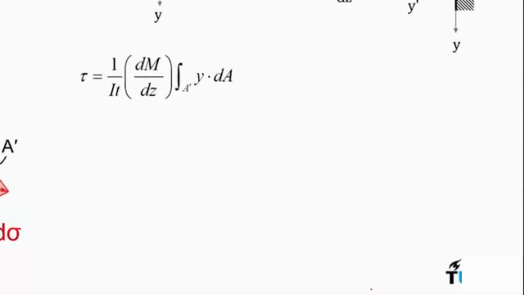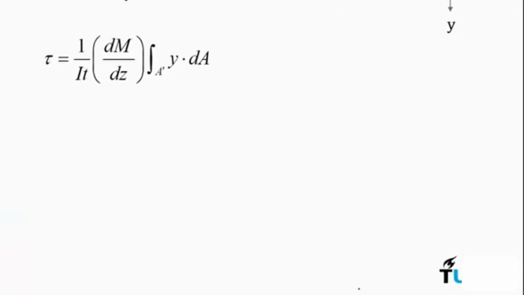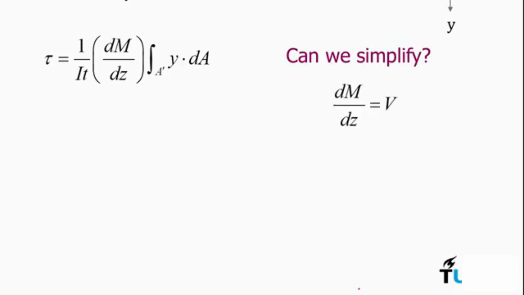If we take a closer look at this result, there are some simplifications that we can make. First, we can recall that the variation in internal bending moment with distance along the beam, or dM over dz, is precisely equal to the internal shear force, V. So we can take this and substitute it in.